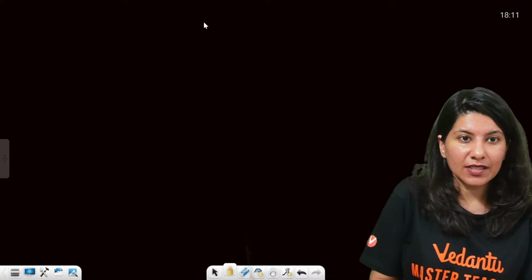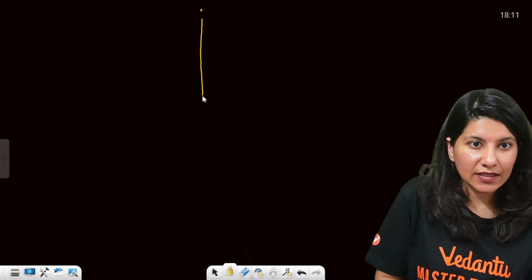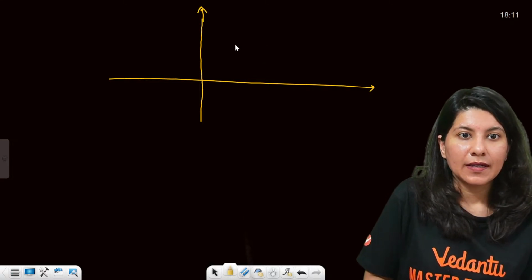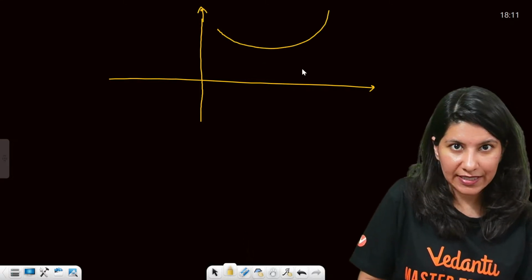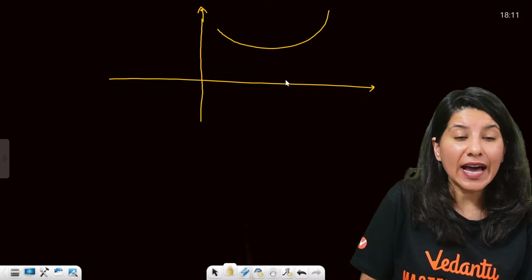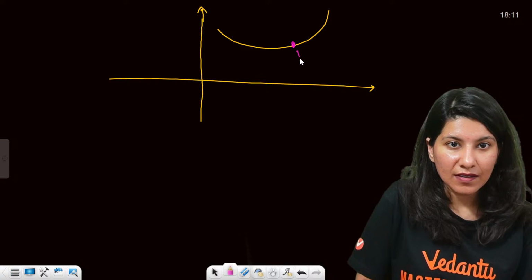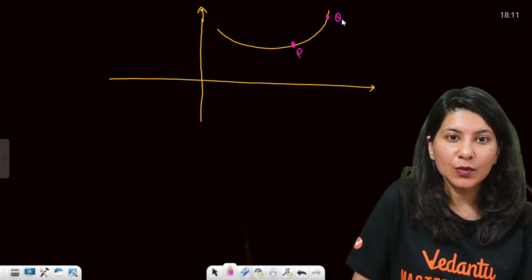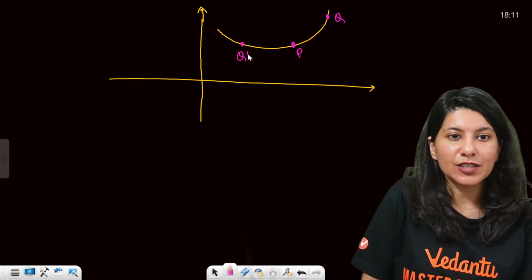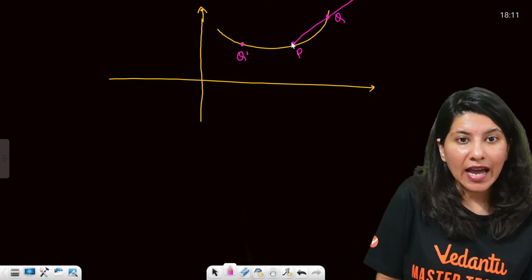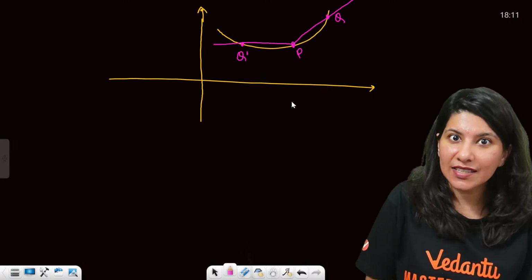Now let me tell you, suppose you have a curve, correct, and suppose you are having a secant. Let me mark it as P, and this is your Q, and this is your Q dash. Okay, so PQ is one secant and PQ dash is another secant.